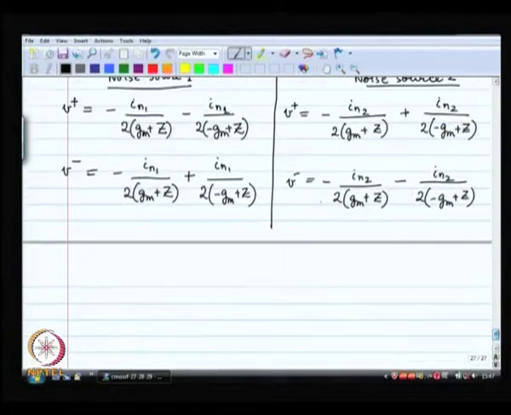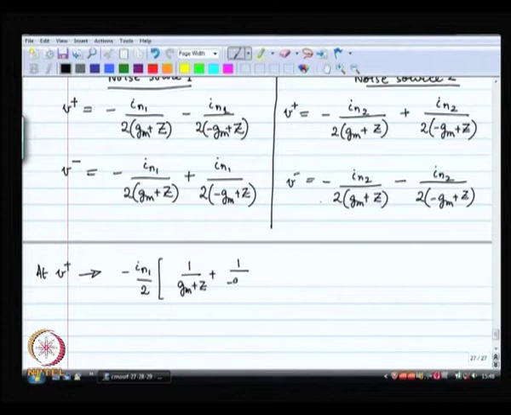Similarly, for V minus. So, let us do a squaring operation and adding operation just to see for ourselves what is going on here. So, first of all, what happens to 1 by g m plus z times plus 1 by minus g m plus z.